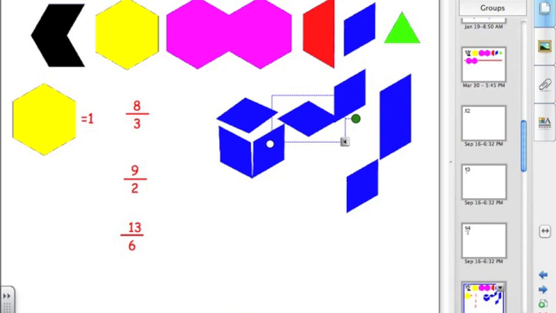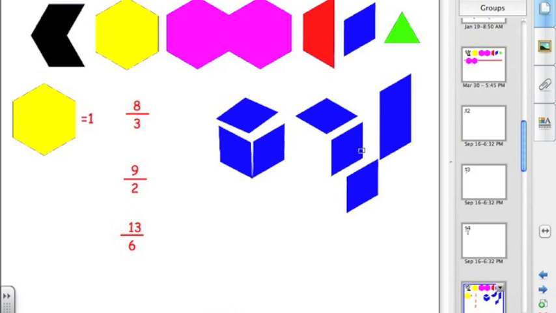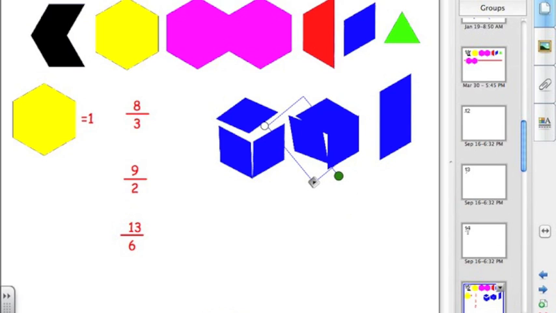How many pieces do I need to make 1 whole? 3. So every time I can cluster 3 pieces together, I can make a whole, can't I? So I can make 2 wholes plus how much more? Plus 2 left over. So I have 2 and 2/3.